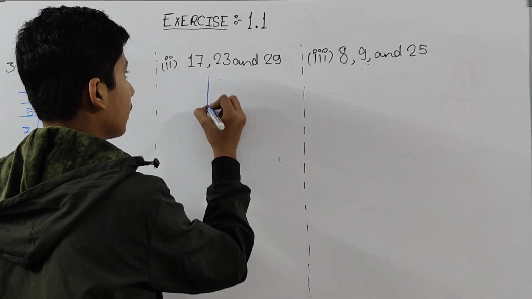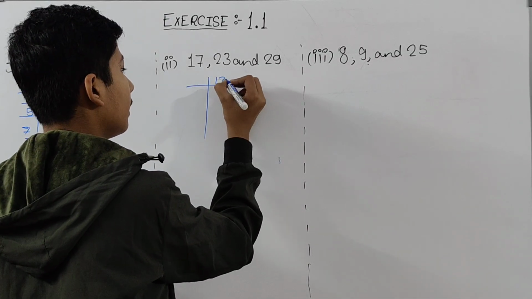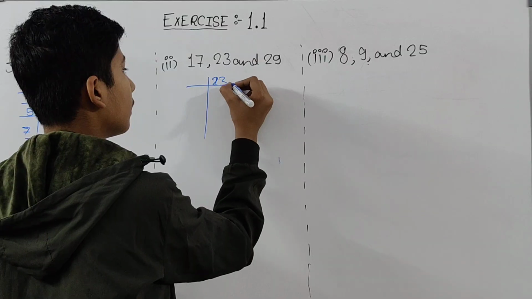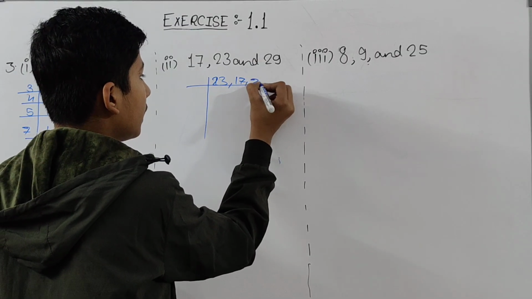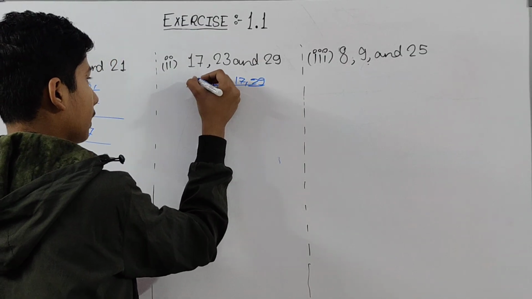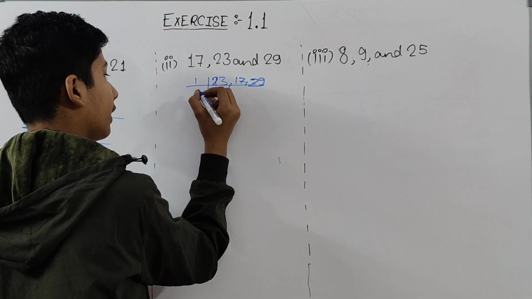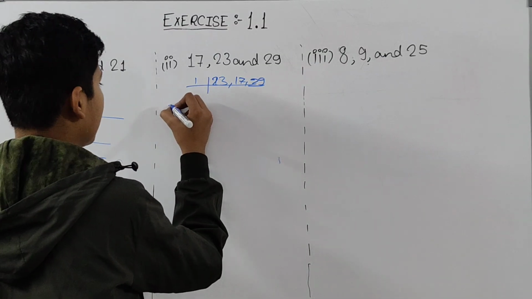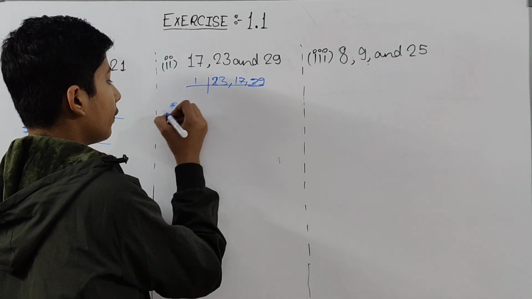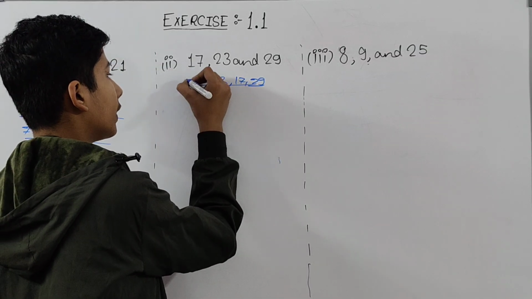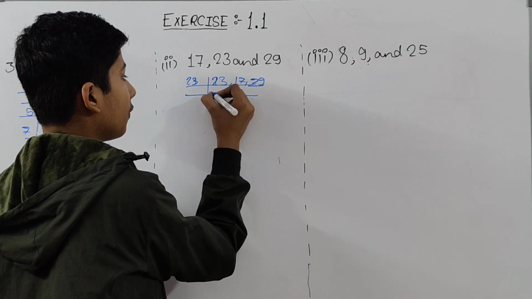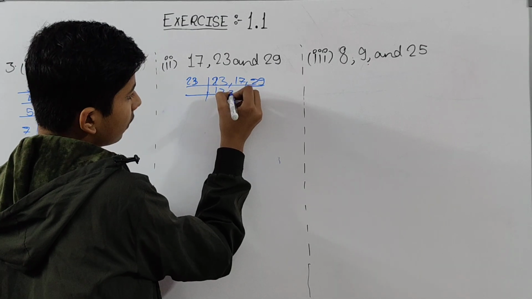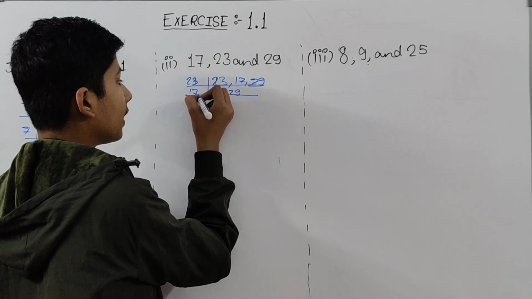Now here 17, 29 and 23. So only 1 is dividing them. So they are prime numbers. So to find LCM, what we do? Firstly 23. It would be 17, 29. Then 17.